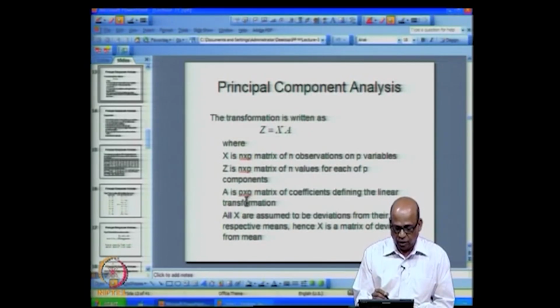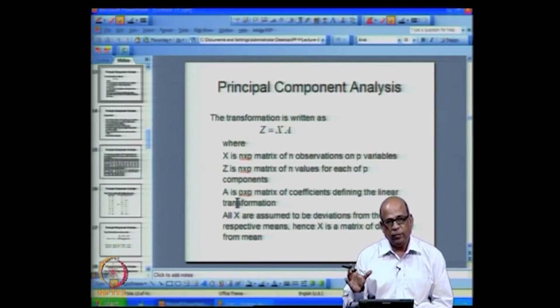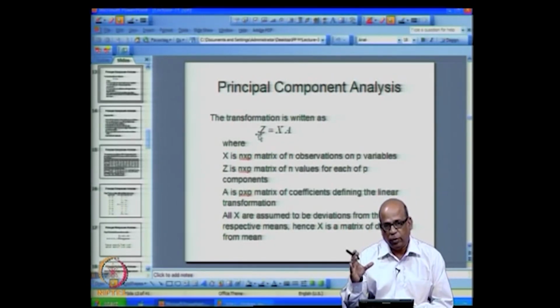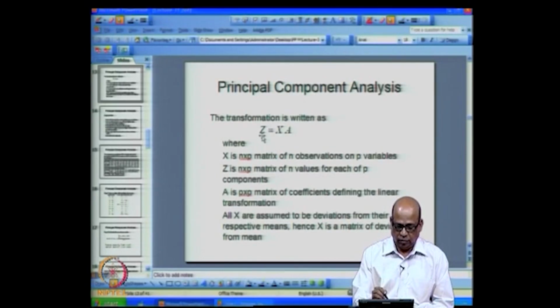First, let us look at A. You had p variables, let us say you had 3 variables, then p is equal to 3. Now, A is a 3 by 3 matrix of coefficients defining the linear transformation. This is in fact the principal components, and Z is the transformed data. So, on the original data you apply the principal components to get the transformed data, and that is the Z matrix.